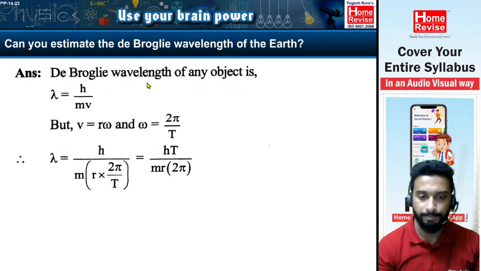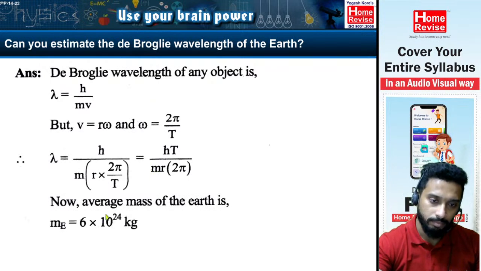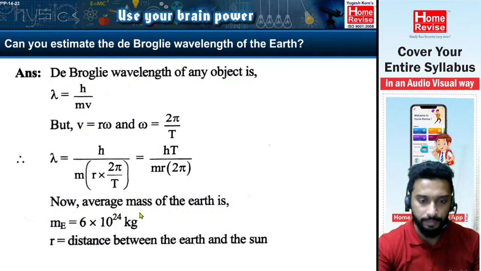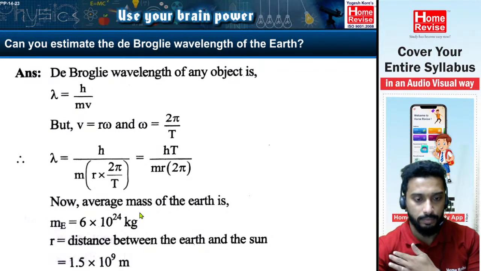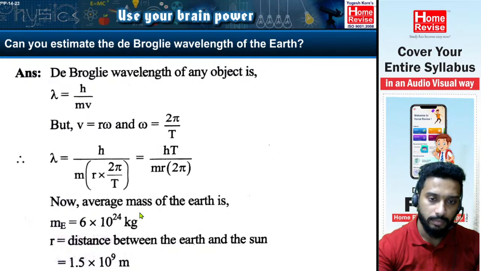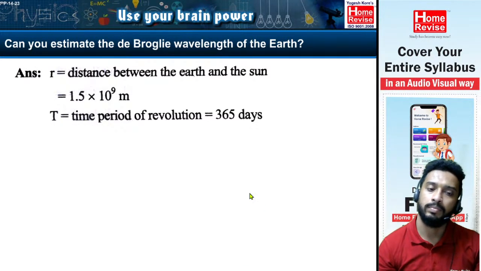Now, the mass of the Earth, Me, is equal to 6 into 10 to the power 24 kg. R is the distance between the Earth and the Sun, which is equal to 1.5 into 10 to the power 9 meter. T is the time period of revolution, which is 365 days.